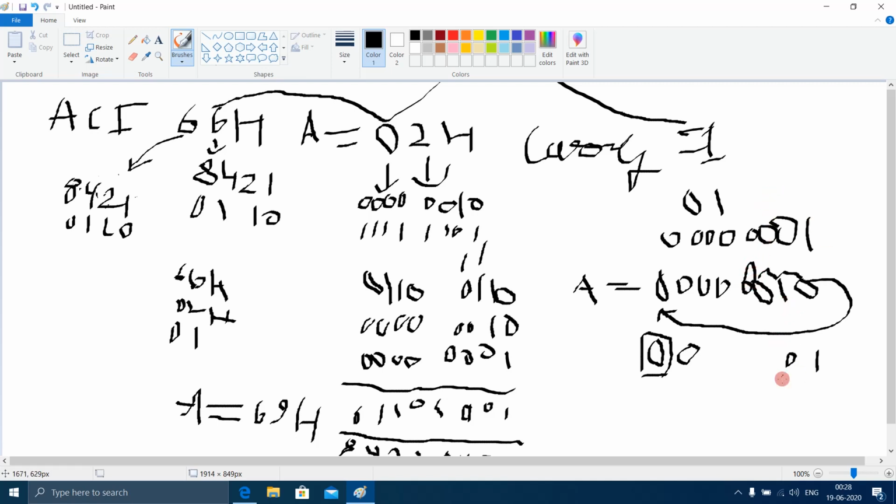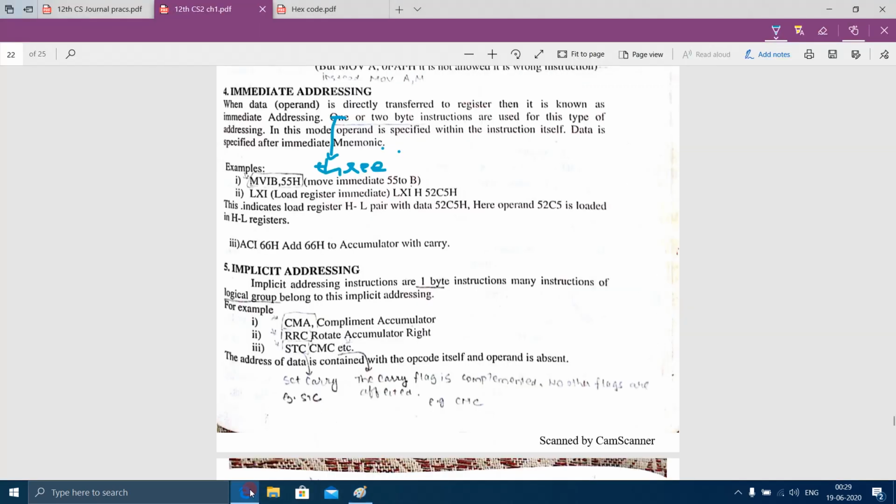This 0 will be copied here, and this 0 will be copied here. So all the bits will be moved one position to the right. So it rotates the accumulator to the right.